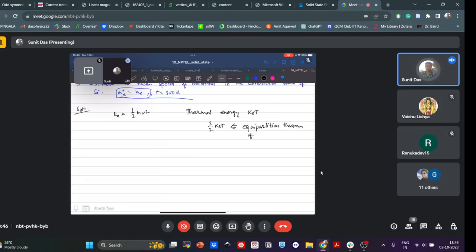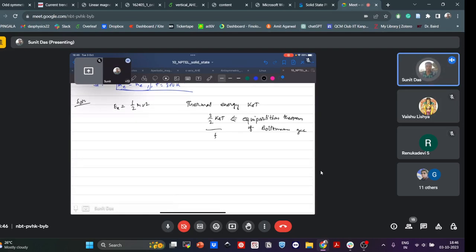of Boltzmann gas. So what do we mean by Boltzmann gas? Those particles which follow Maxwell-Boltzmann statistics. The generic version of this is f by 2 kBT, where f is the degree of freedom.